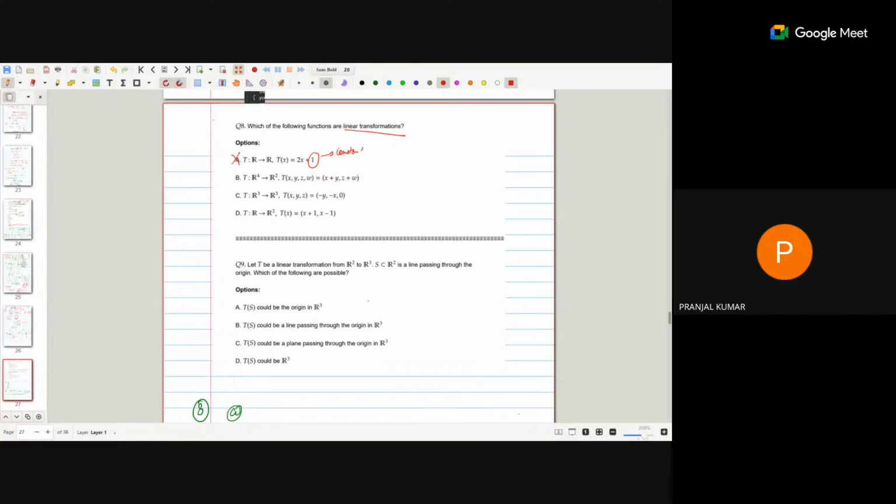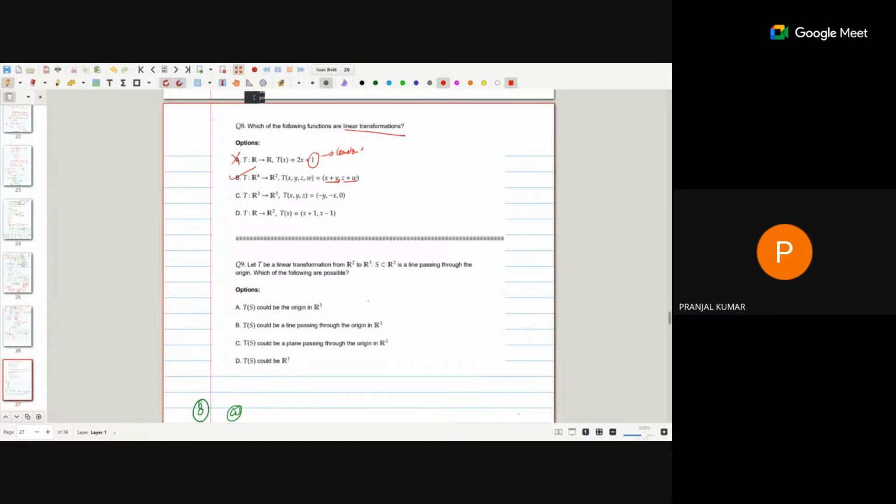Now T of (x, y, z, w) is equal to (x plus y, z plus w), so this is fine, this is correct. In the exam you don't have to verify with the axioms. For your formal notes, you can verify it.